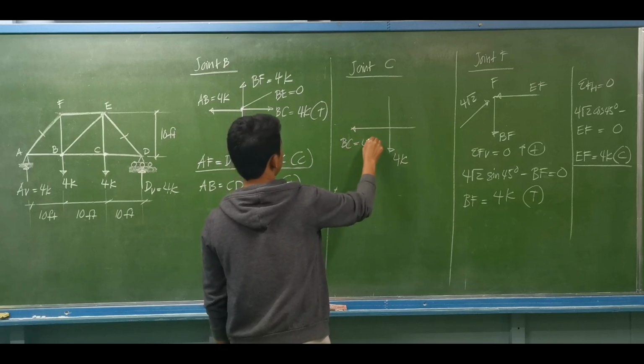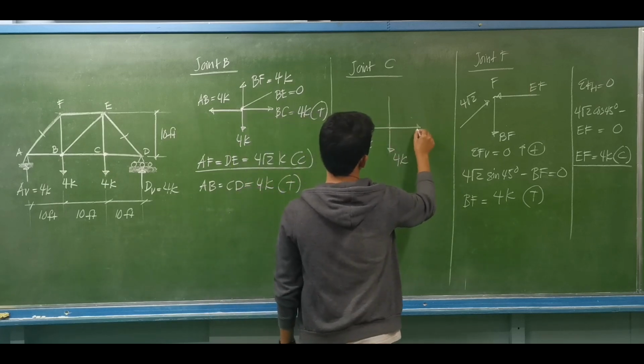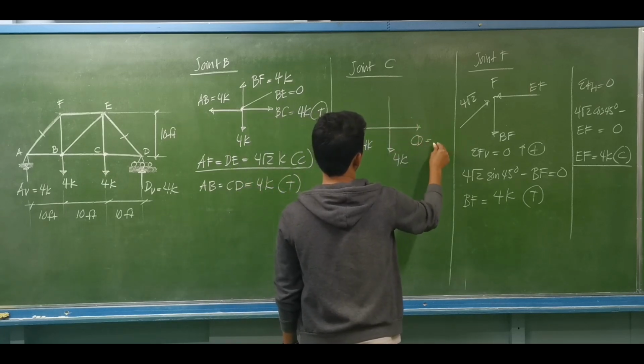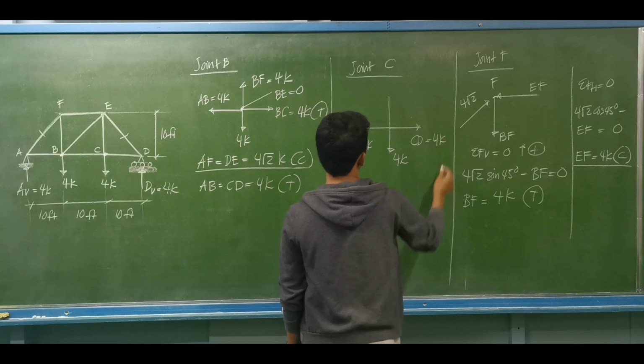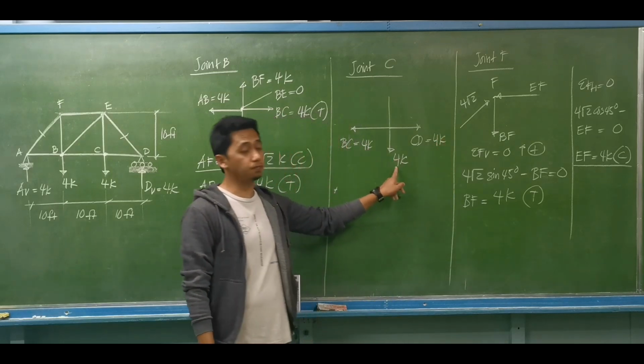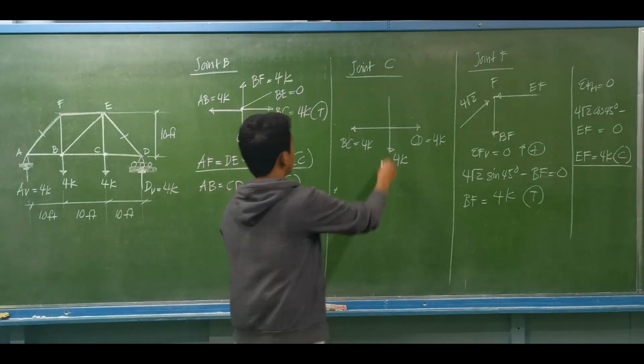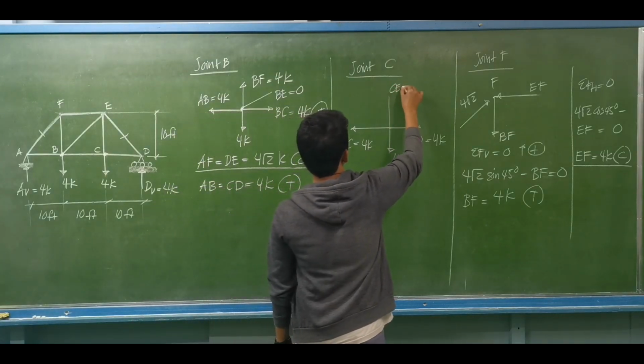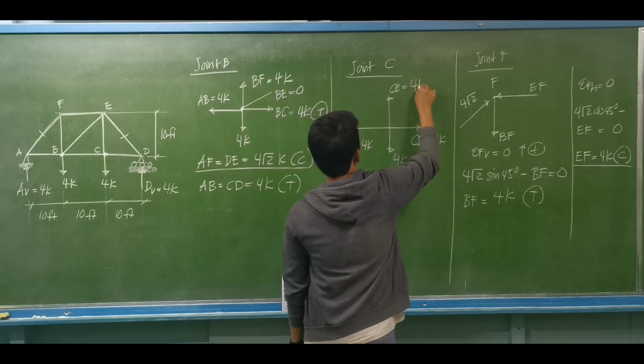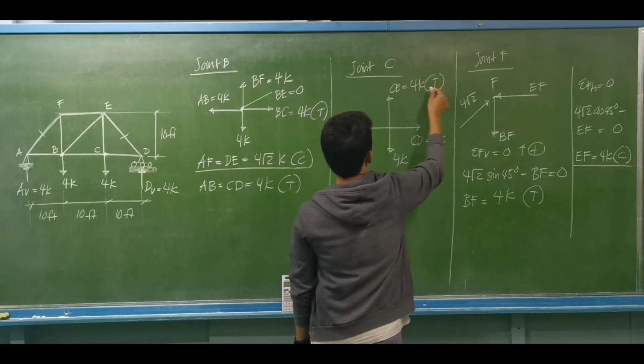We have BC equal to 4 kips, and member CD is also 4 kips, both in tension. So this load of 4 kips is collinear to member CE, so member CE will be the same, 4 kips under tension.